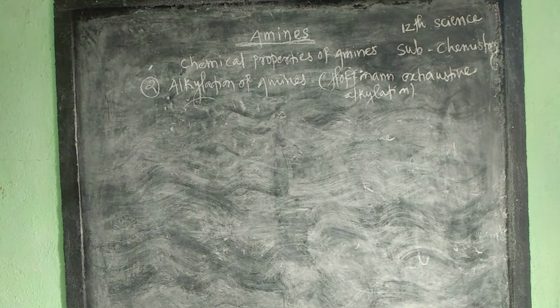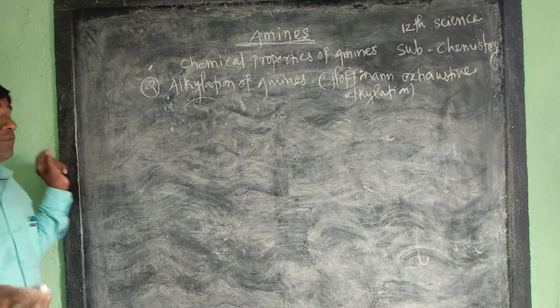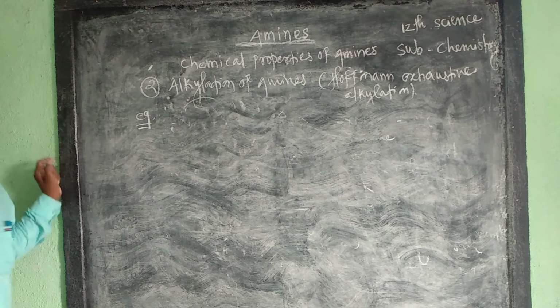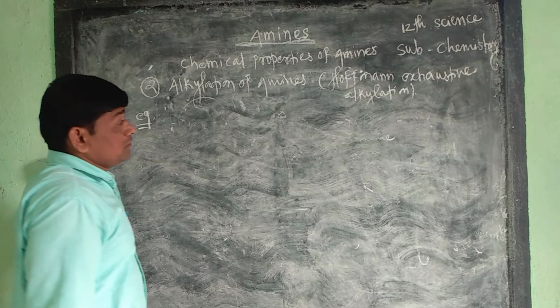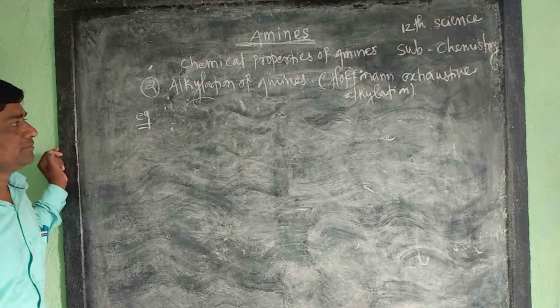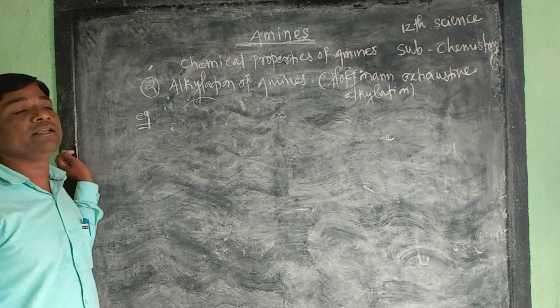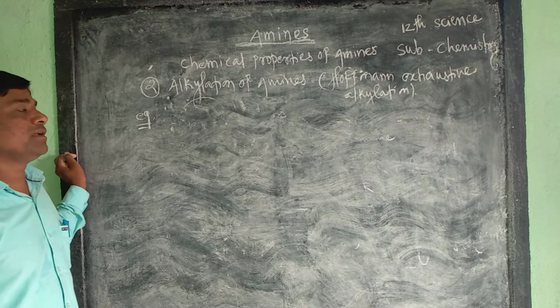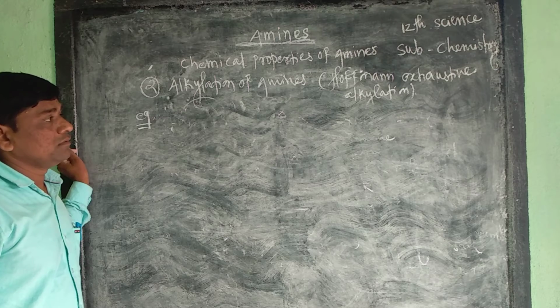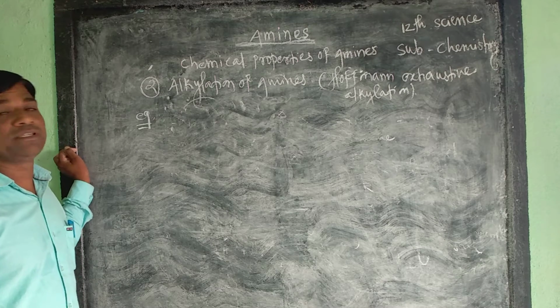Now, let us take an example of this reaction. Now the alkyl halide is methyl iodide. Then the reaction is known as exhaustive methylation.